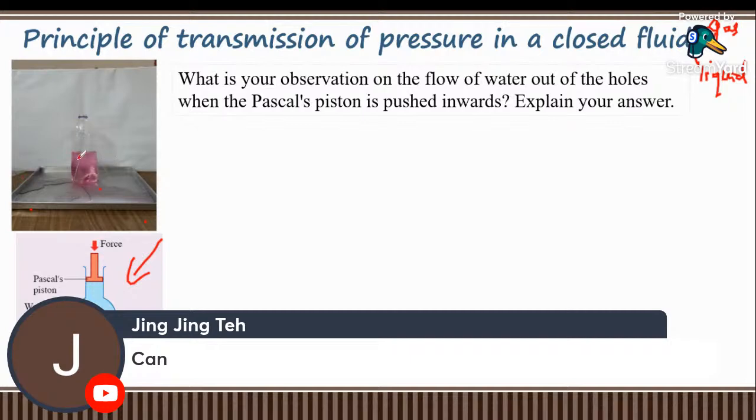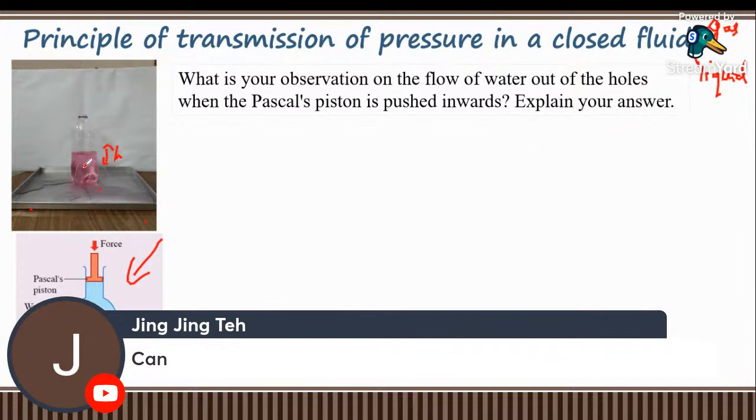Okay, the water spurts out because there is pressure that causes the water to spurt out. So the same pressure acts at all the holes here because all holes are at the same height. Height dia sama ataupun depth same. Okay, same depth, same pressure.